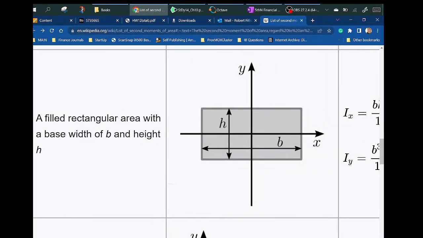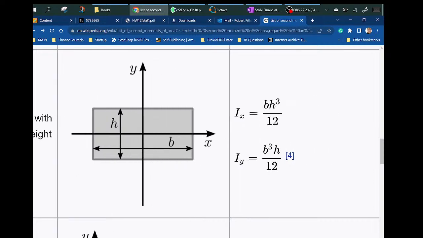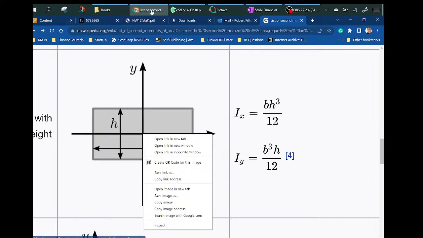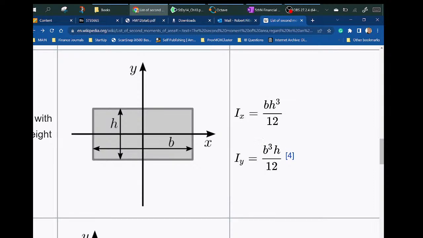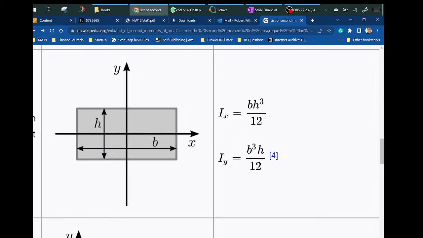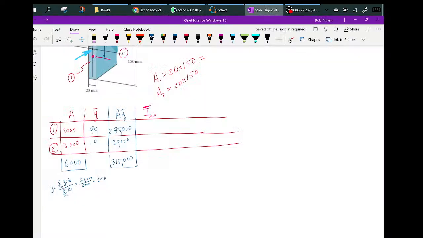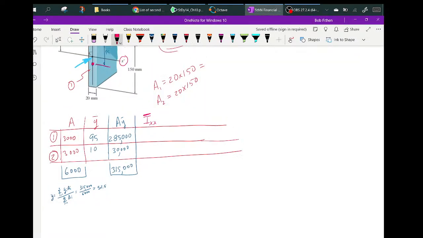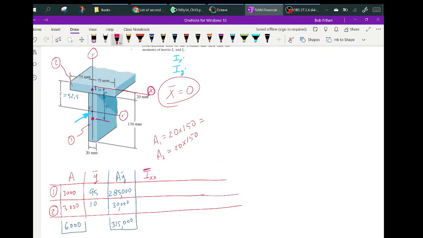Okay, he does not specifically say this, but this point in the center right here is, in fact, the centroid of this rectangle. So 1/12 base times height to the third. So let's go back. I'll write the equation here. 1/12 base of 1, which is this one, is 20.